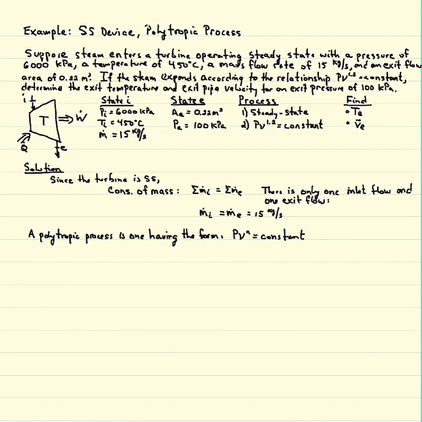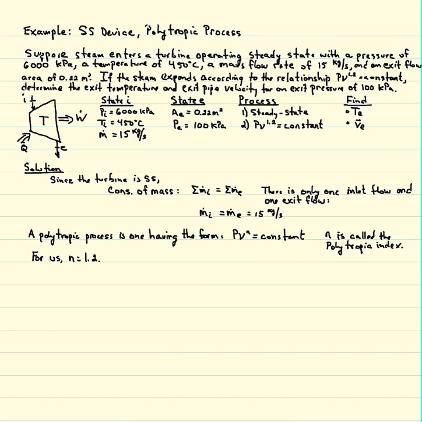And this N is called the polytropic index. Okay. So in the case of our problem statement, where we have PV to the 1.2 equals a constant, N is equal to 1.2. Okay, so for us, N equals 1.2.